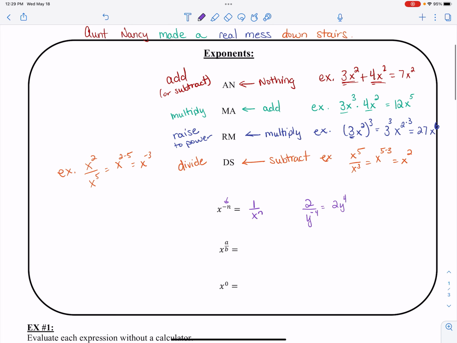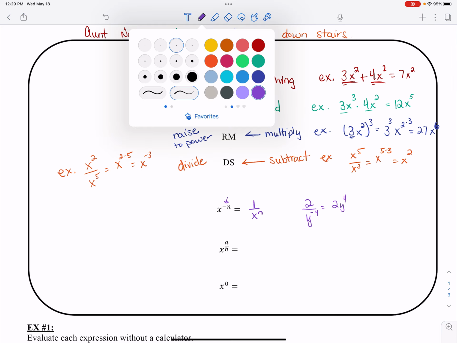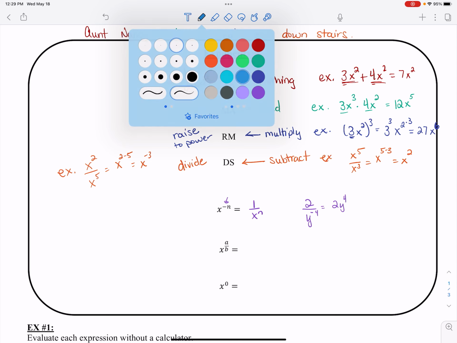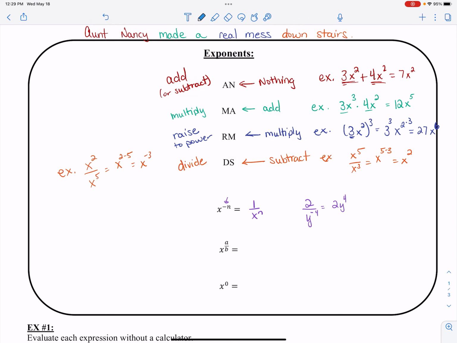All right. Now my next rule has to do with fractional exponents. It's probably been a little while since you've done this, but here's how this works. Rational exponents, when you have fractional exponents, that does reflect a radical. So your numerator is going to stay the power on the base, and the denominator is the index of the radical.